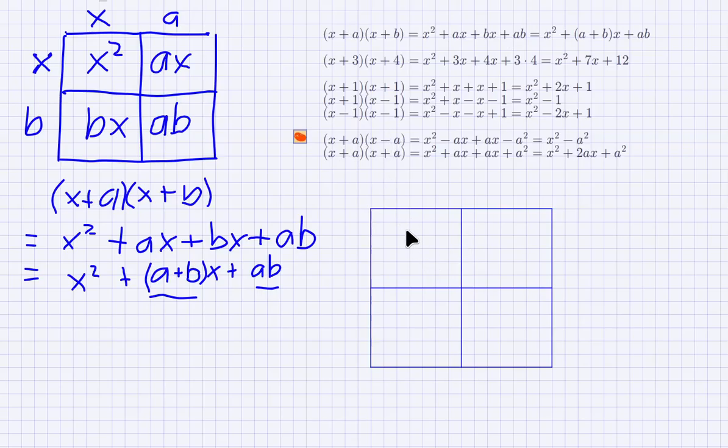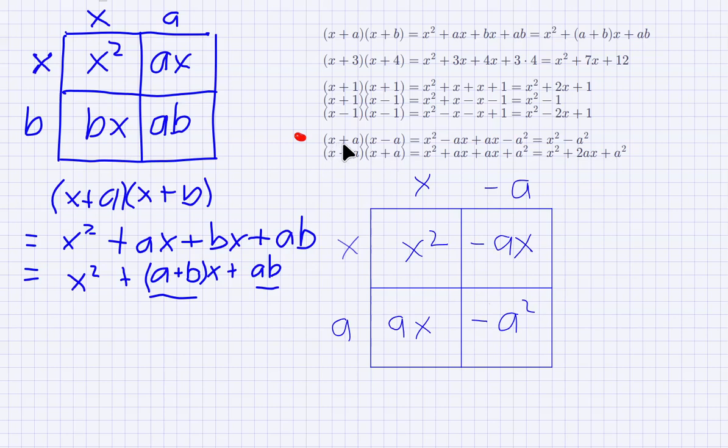We just write them into the box: x plus a, and x minus a, and then we do the multiplication. x times x is x squared, x times minus a is minus ax, a times x is just ax, a times minus a is minus a squared. It was a times a to be a squared, but it's minus, so it's minus a squared.